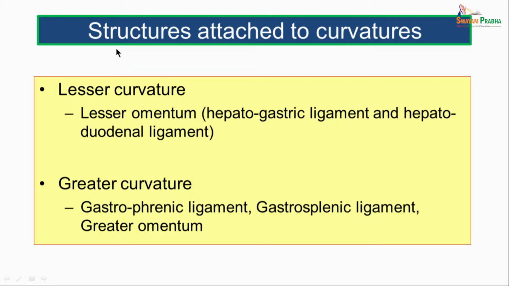Attached to the lesser curvature is the lesser omentum having two parts, the hepatogastric ligament and the hepatoduodenal ligament, whereas attached to the greater curvature is the gastrophrenic ligament, gastrosplenic ligament and the greater omentum. These are the peritoneal relations of the stomach.